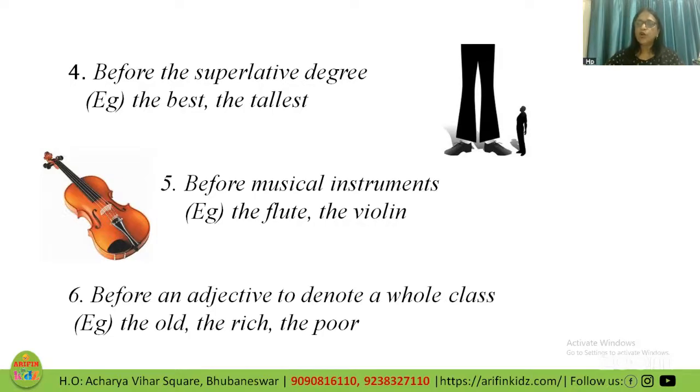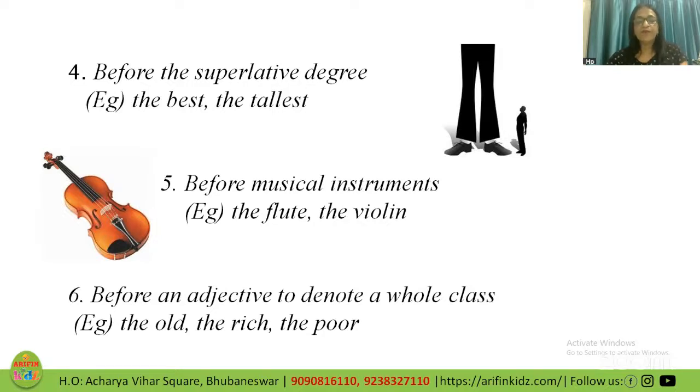So all words like big, bigger, biggest, smart, smarter, smartest, beautiful, more beautiful, most beautiful are superlative degrees. We use the best, the tallest, the most beautiful lady, the bravest boy. So before all superlative degrees, we use the.